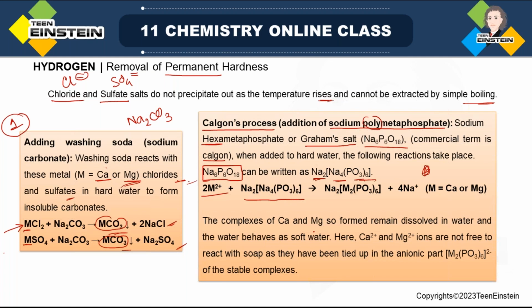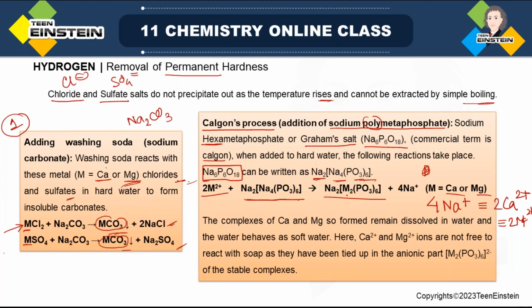So this is the cation. It may be Ca or Mg with its chloride or sulfate anion. Then when it is reacting with Graham's salt or Calgon, we are getting this. So what is happening here? The inside Na is now replaced by 2M, and see, basically 4Na+ is equivalent to 2Ca2+, because total positive charge is now 4, so only 2 is enough, or it is also equivalent to 2Mg2+.